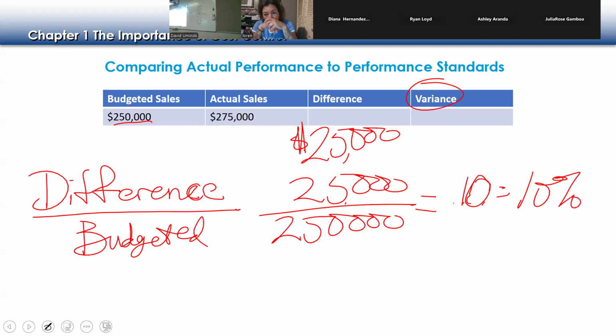How did you get to 10%? How did I get the 10%? Okay. So I subtracted the actual minus the budget. That's my difference. So that means I made $25,000 more than I budgeted.